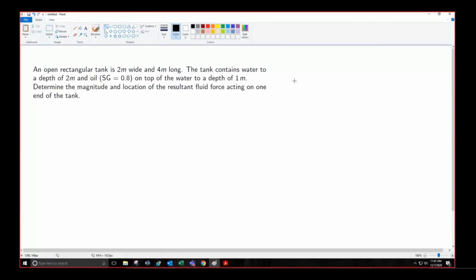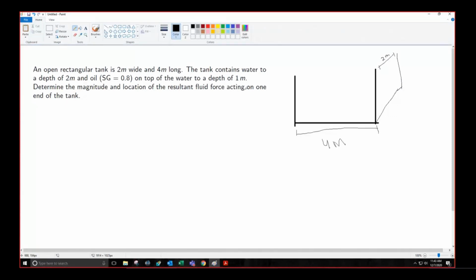We have this tank, which is 2 meter wide, which means its depth into the page is 2 meter, and it is 4 meters long.